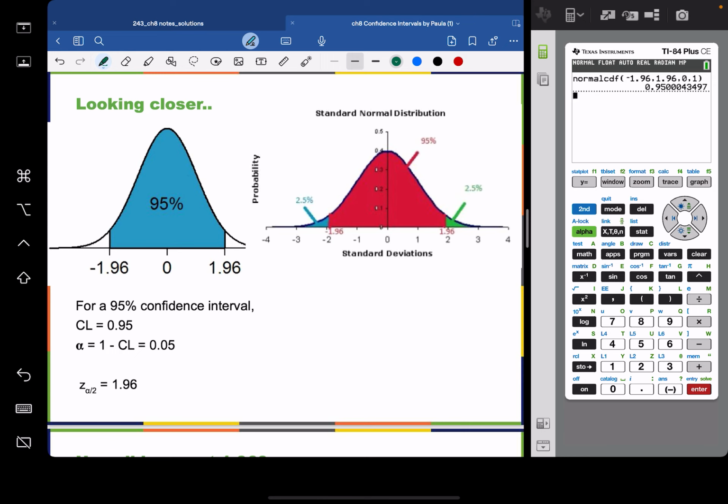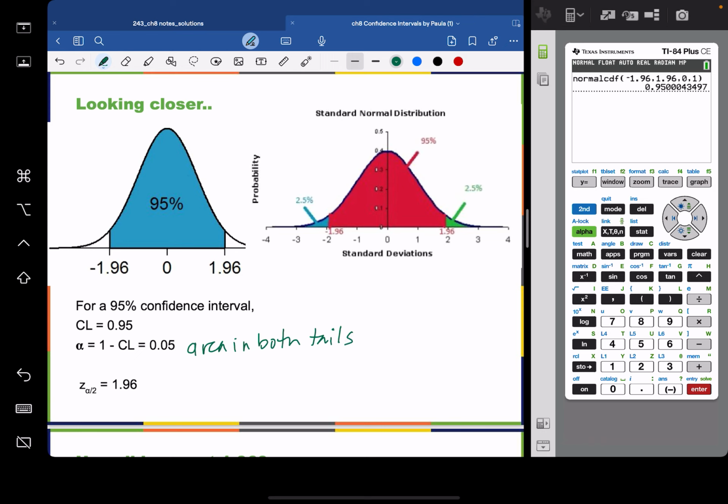So I honestly would be good with that. Here I'm just explaining that there's alpha, which is 1 minus the confidence level, and that is 0.05. This is the area in both tails of the normal distribution.